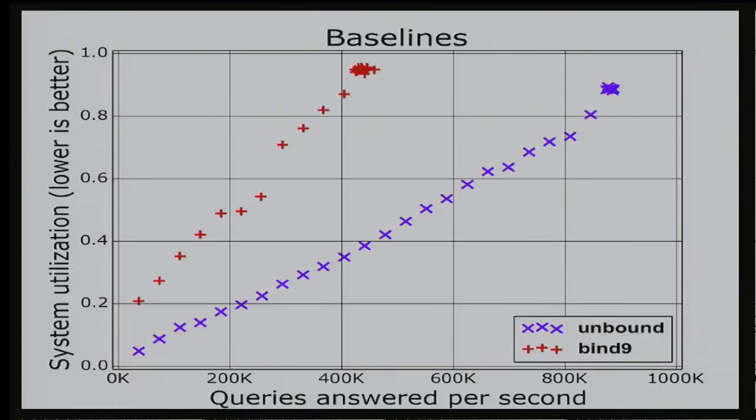Here are our baselines with this system for unbound 1.4.21 and unbound 9.9.4. This graph is kind of awkward to explain, since obviously one server appears to be performing about twice as good as the other one.